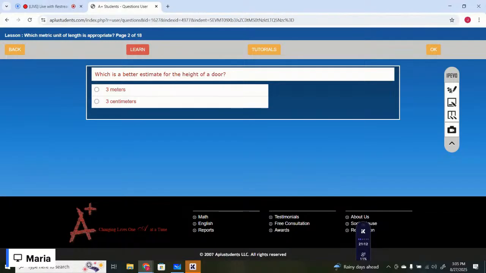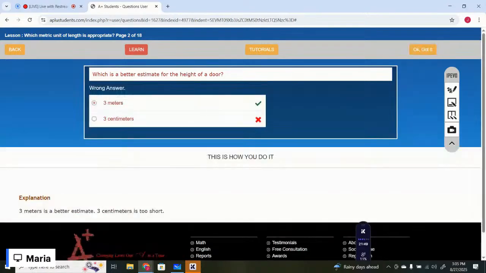Which is a better estimate for the height of a door? 3 meters or 3 centimeters, which is the correct option? It would be 3 centimeters because 3 meters is too long for the height of the door.